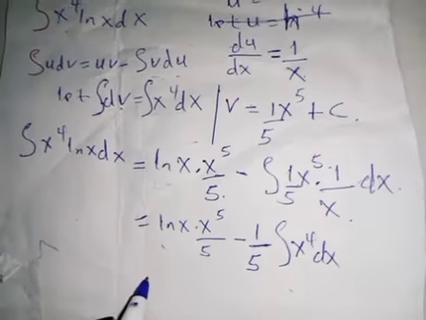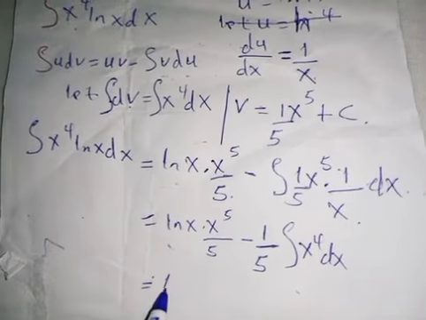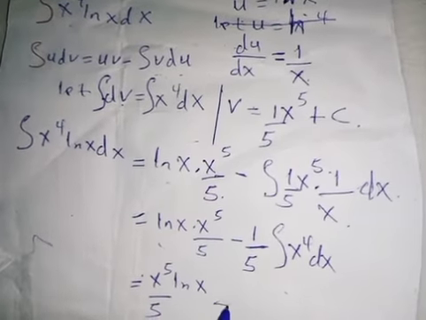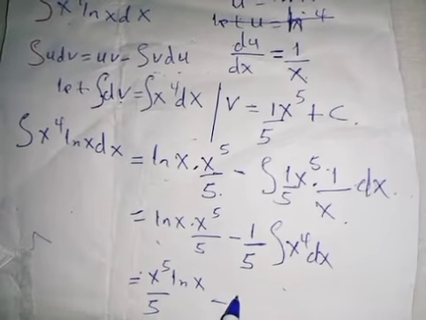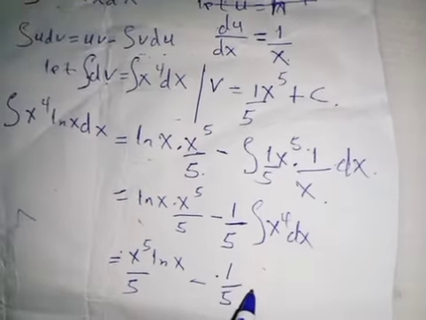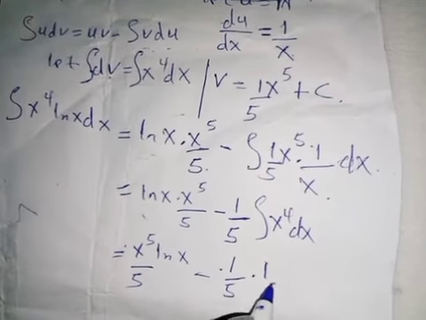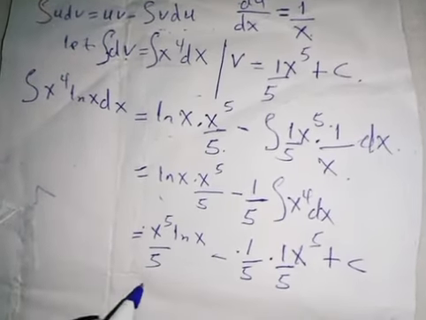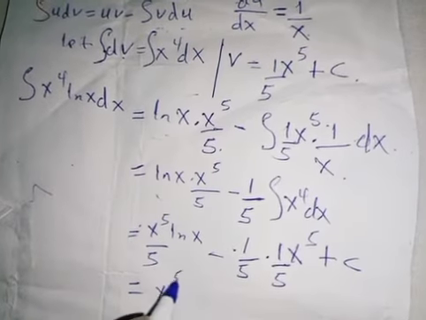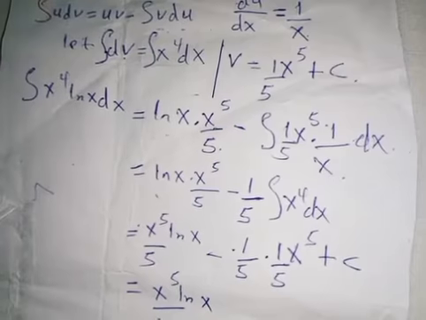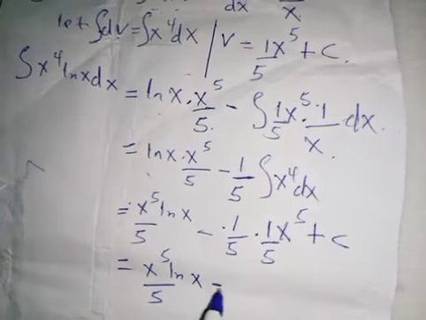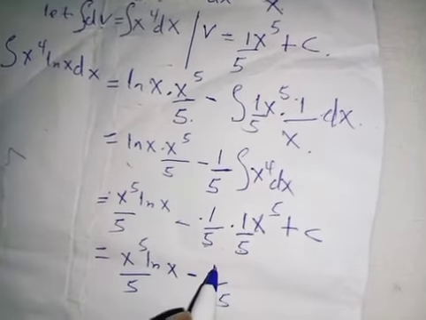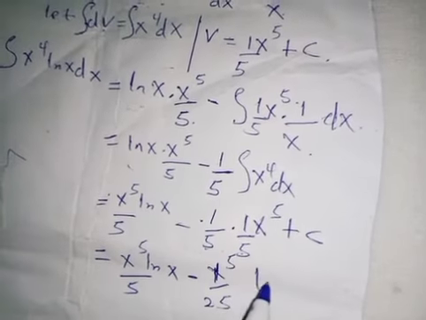Then the next thing, this is equal to x power 5 ln of x divided by 5 minus, when we integrate this we are going to get 1 over 5 multiplied by 1 over 5 x power 5 plus some constant c, which is equal to x power 5 ln of x over 5 minus 1 over 25, since 5 multiplying by 5 will give you 25, then x power 5 plus c.